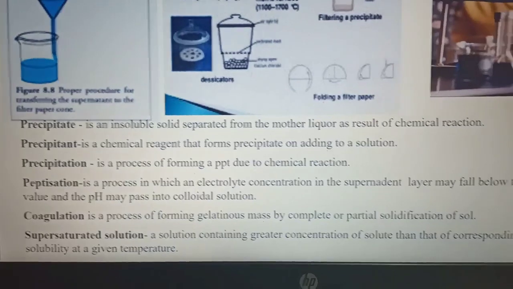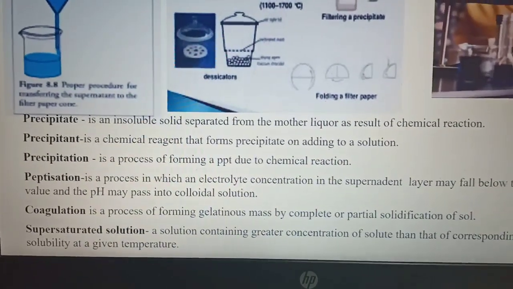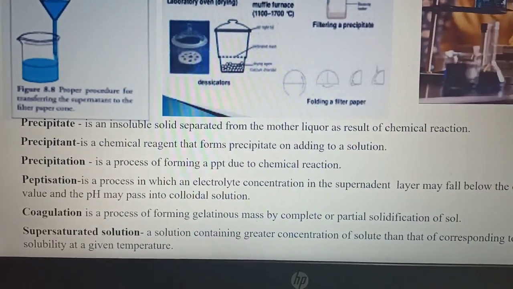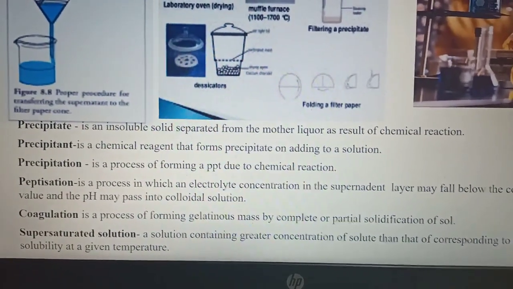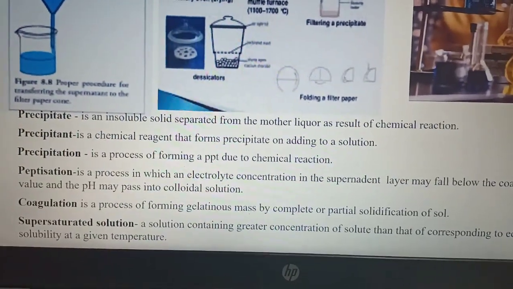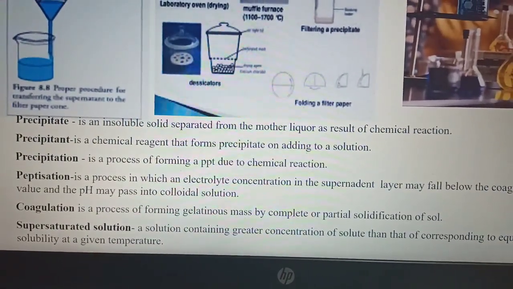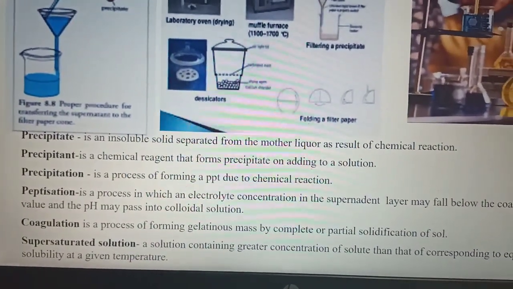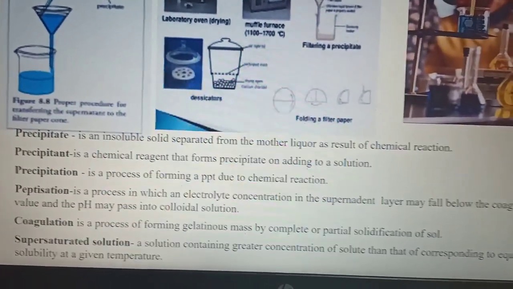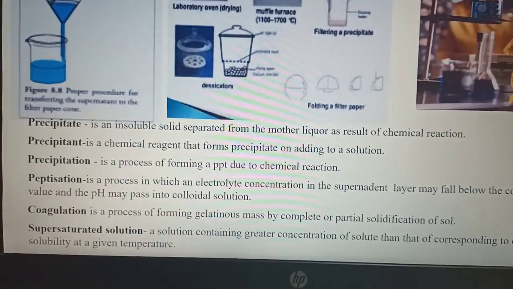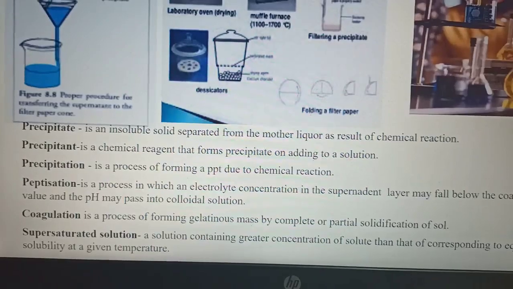Supersaturation. So this term you have already learned in your previous classes. A solution is generally formed by a reaction between solute and solvent. When the concentration of the solute in a solvent is more, then slowly the concentration of solute will increase. If it is in a higher maximum content compared to the solvent, then it becomes concentrated.